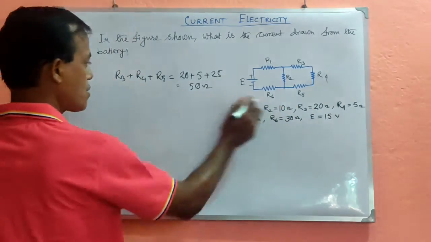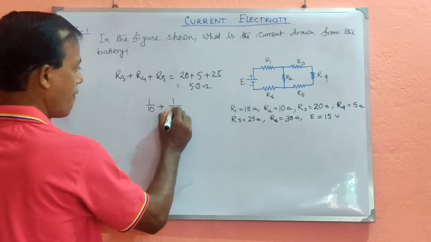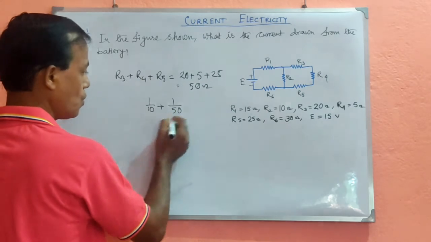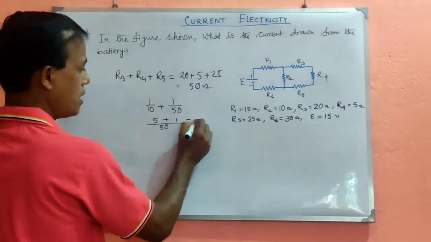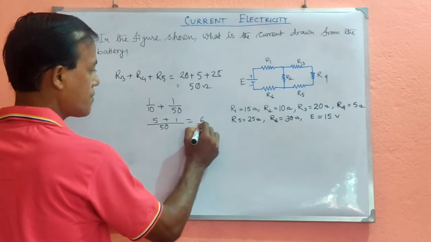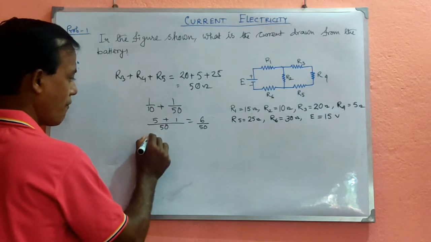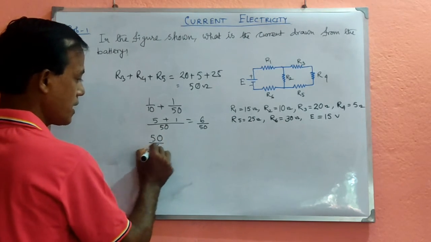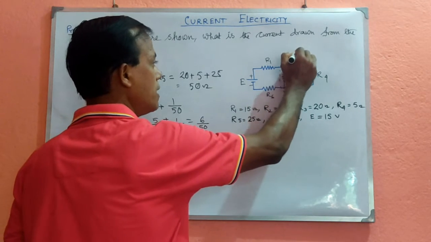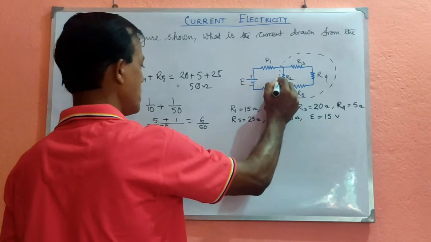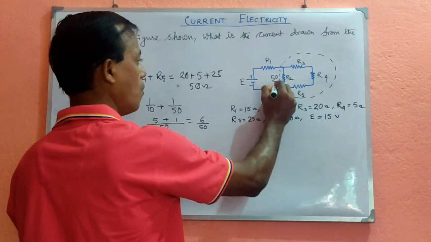So 1 by 10 plus 1 by 50, so 5 plus 1, 6 by 50. So net resistance here 50 by 6. In this region net resistance acts 50 by 6 ohm.